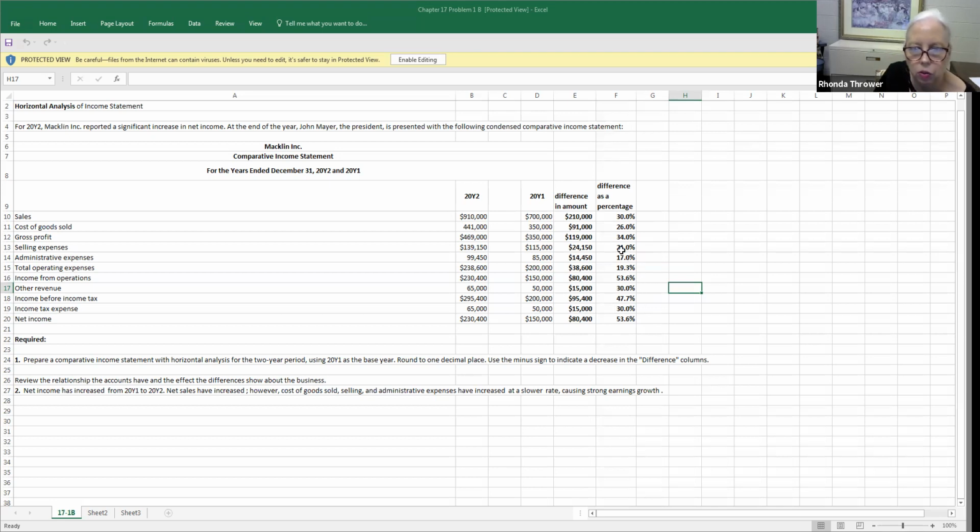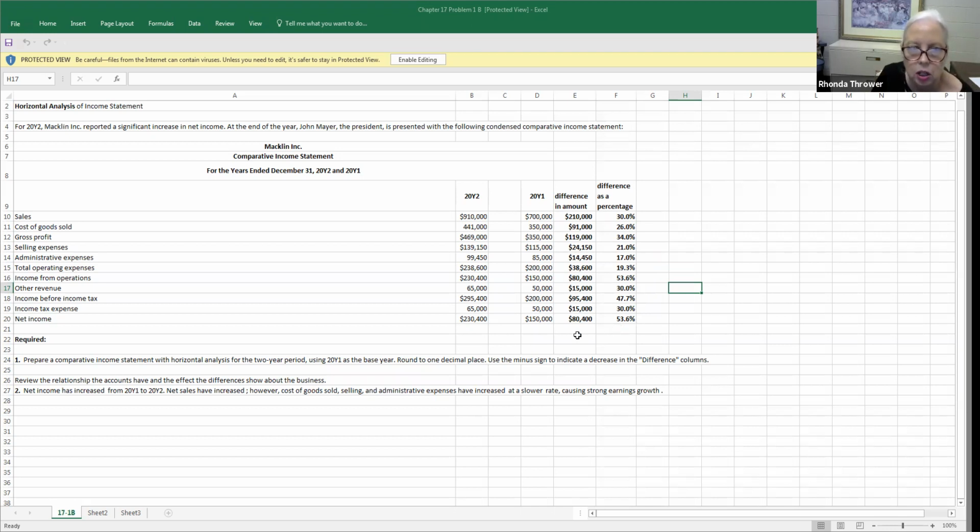As you can see, your selling expenses increased by 21%. Perhaps you did a marketing campaign to sell your products. Well, it worked. It increased the sales by 30%, but you still had an increase in those expenses. If you could somehow whittle down these increases in expenses, it'll give you more opportunity to generate a higher net income percentage.